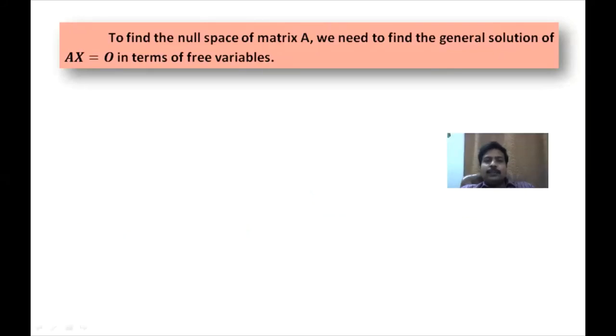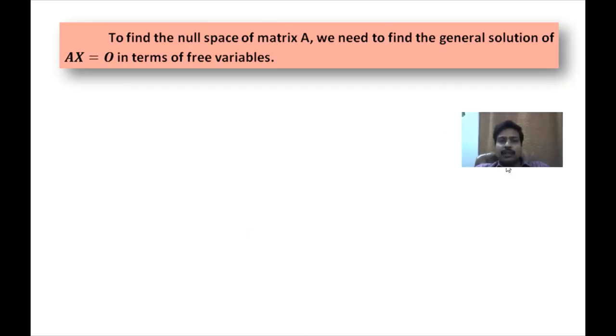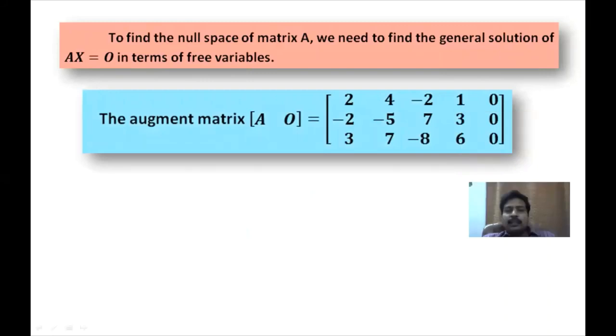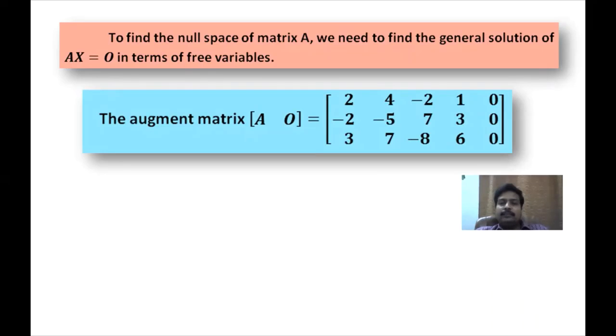To find the null space of matrix A, we need to find the general solution of AX equal to 0 in terms of free variables. To find the null space A, we need to construct an augmented matrix [A | 0]. So all zeros in the last column are added to the matrix A.